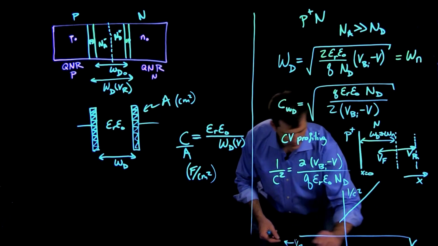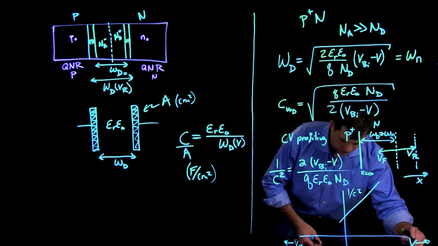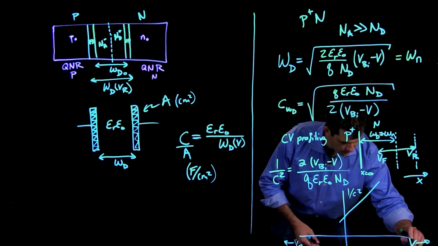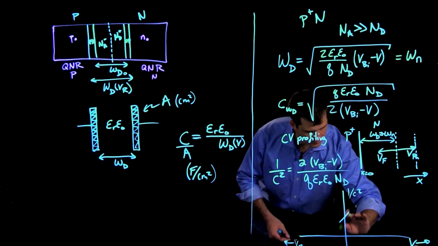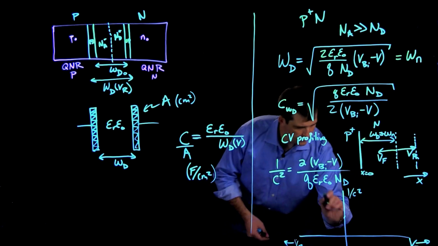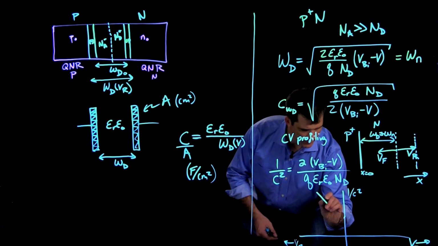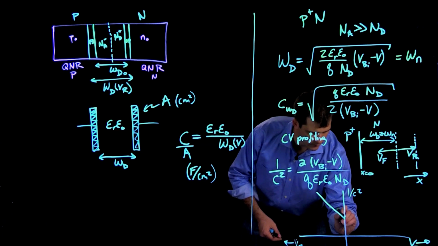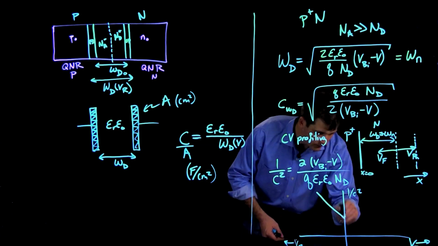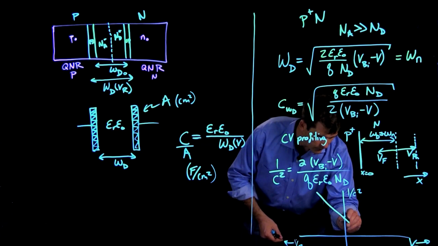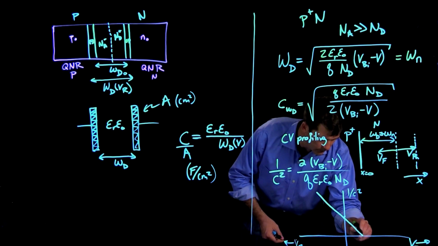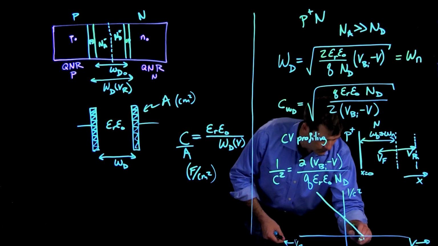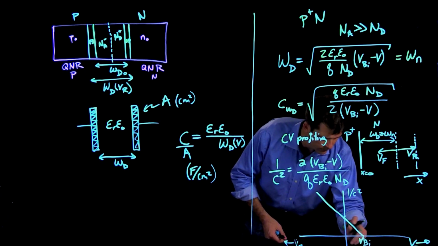So the reverse bias is going this way. The forward bias is going this way. And I just realized I drew my line with the wrong slope with that convention. So really, in reverse bias, we'll have a higher 1 over C squared because the capacitance will actually get smaller. And we'll get some data over some range here.